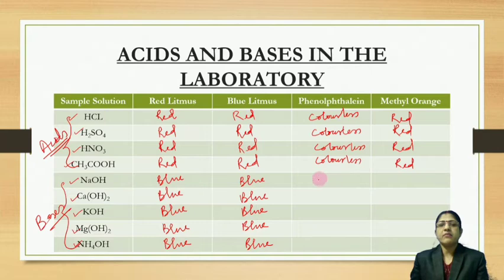Then phenolphthalein turns pink in base. Then methyl orange turns yellow in the presence of base.